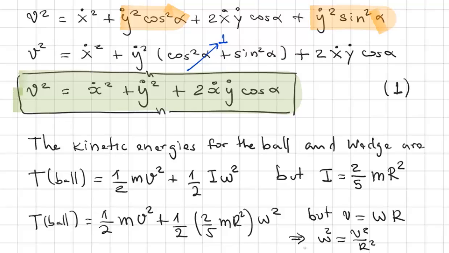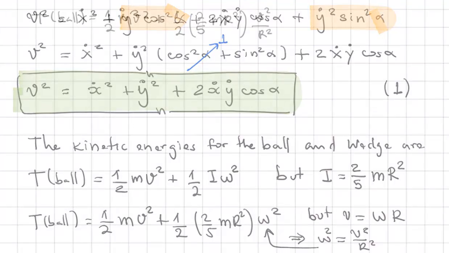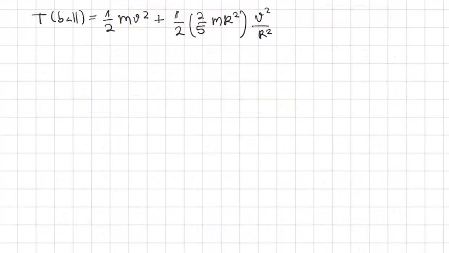I will replace this right here into this to get the following. Okay? Replacing the omega squared, we get this. We need to cancel some terms. These two cancel with these two. This R squared cancels with this R squared.